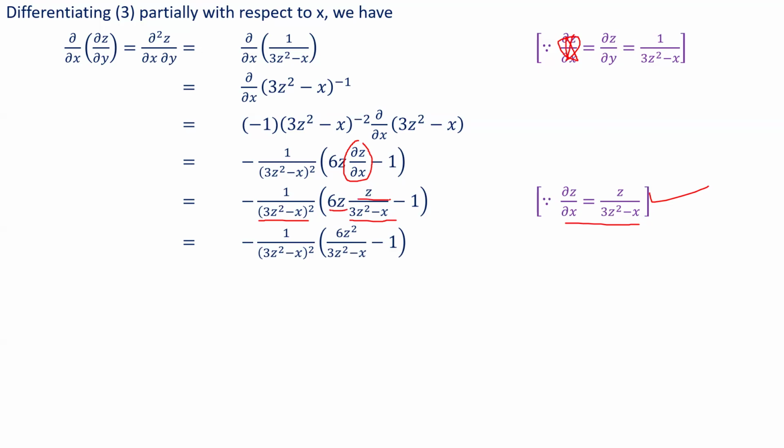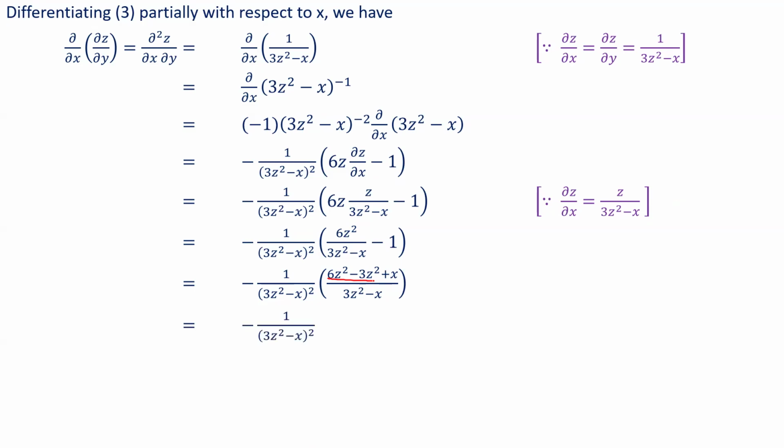This 6z into z will become 6z square upon 3z square minus x, minus 1. If we take the LCM, LCM is 3z square minus x. So let us write down once again 1 upon 3z square minus x whole square, 6z square minus 3z square. This minus and minus will become plus x. Now this 6z square minus 3z square is 3z square plus x upon 3z square minus x.